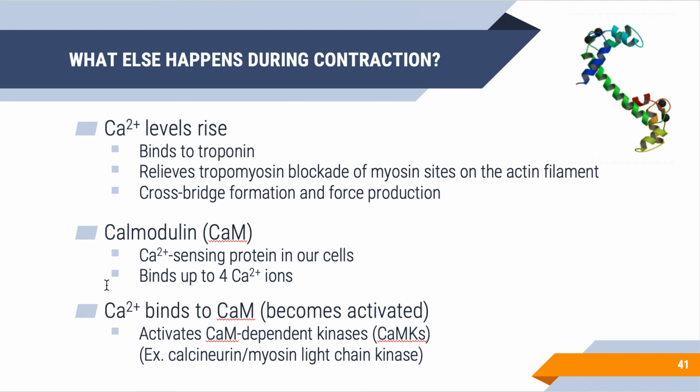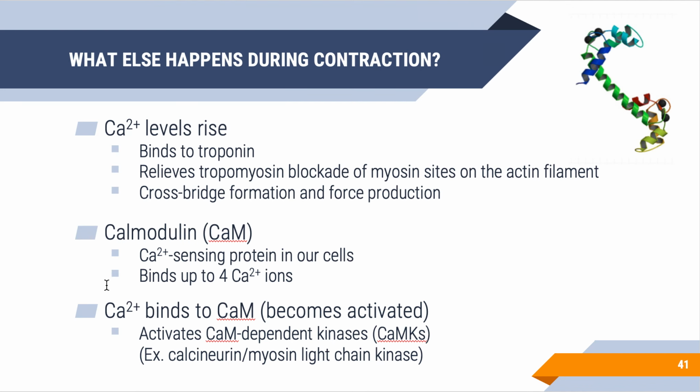During skeletal muscle contraction, we see a rise in calcium levels because calcium binds to troponin. It relieves that tropomyosin blockade of myosin sites on the actin filament, and cross-bridge cycling occurs. We know that calcium can also bind to calmodulin.